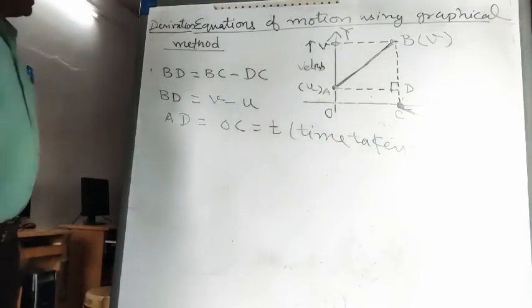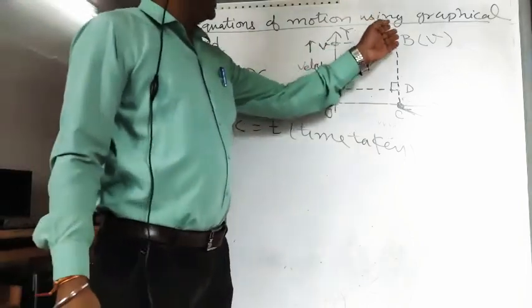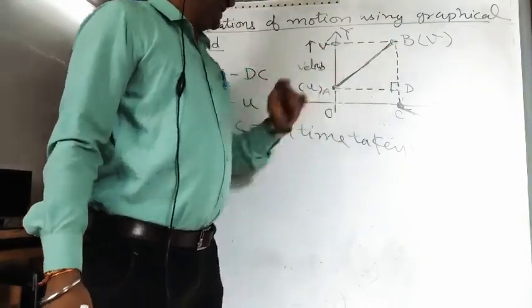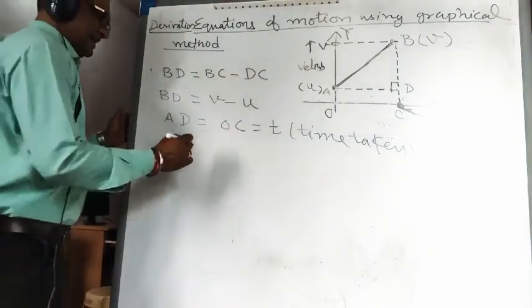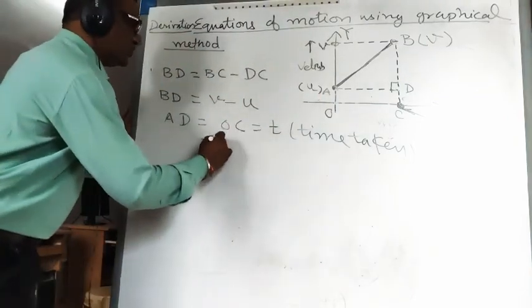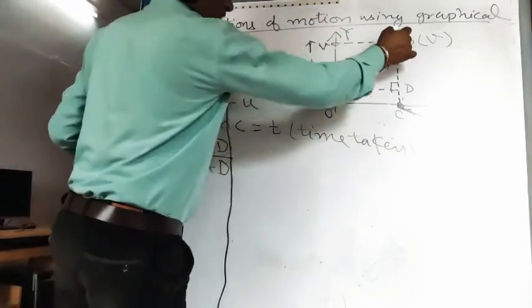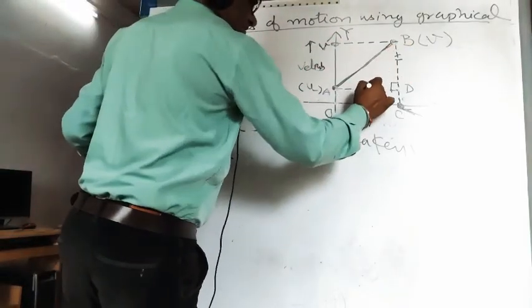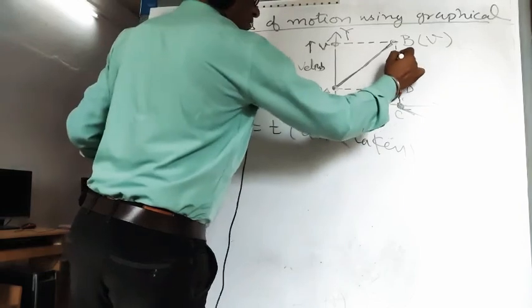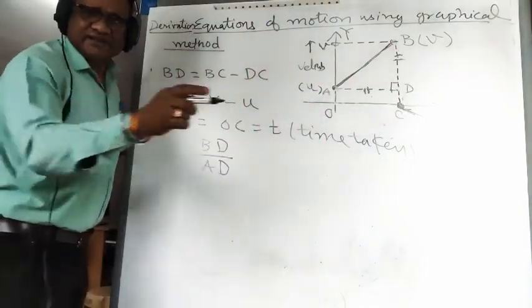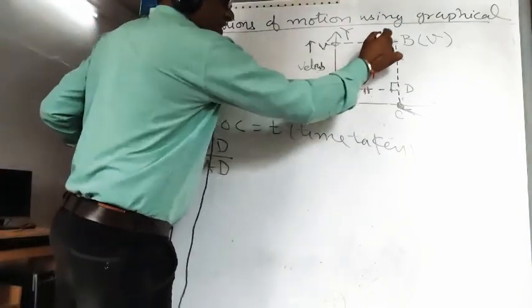Now, let us find out the ratio between BD and AD. What is the ratio of BD and AD? So the ratio BD upon AD. Look at this, perpendicular upon base in this right angle triangle ABD.